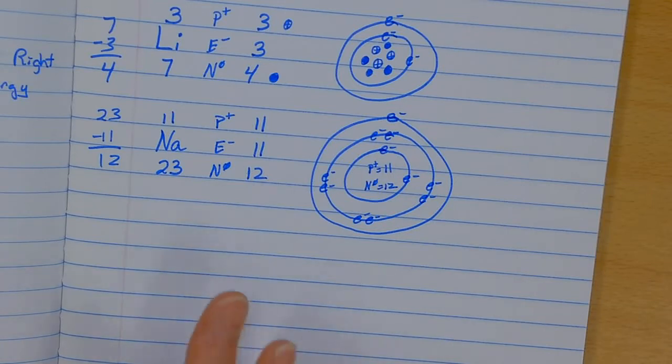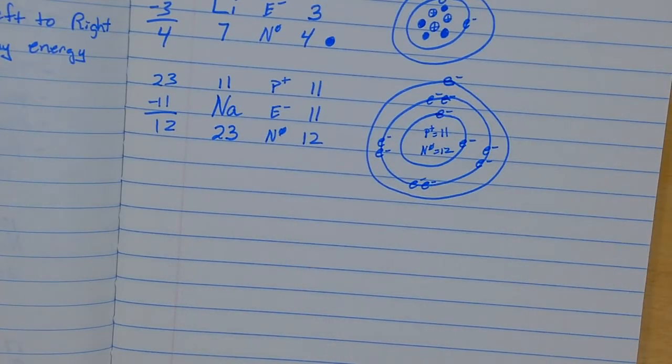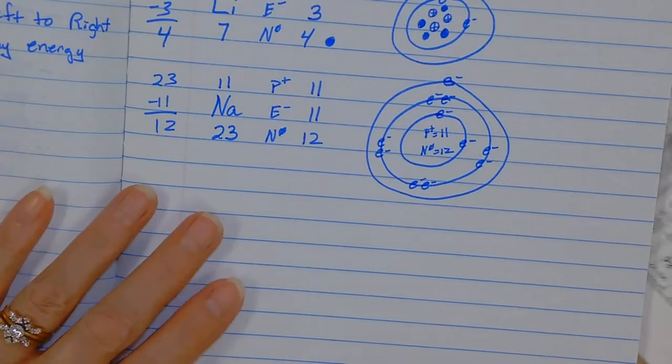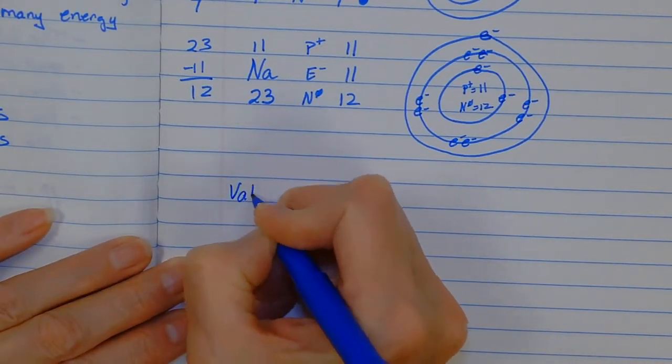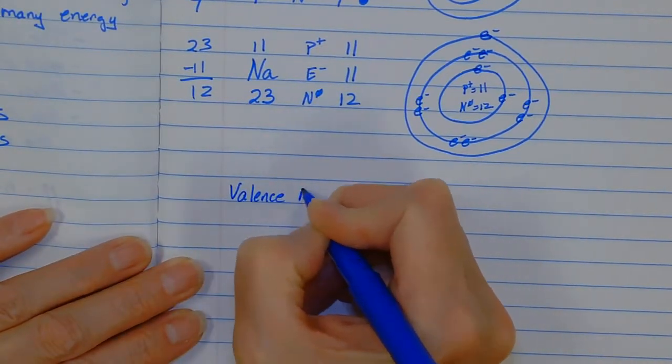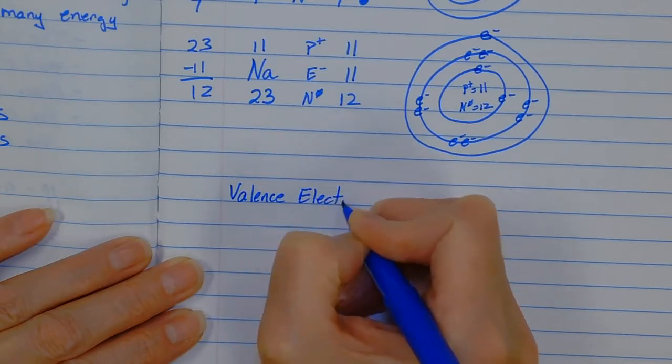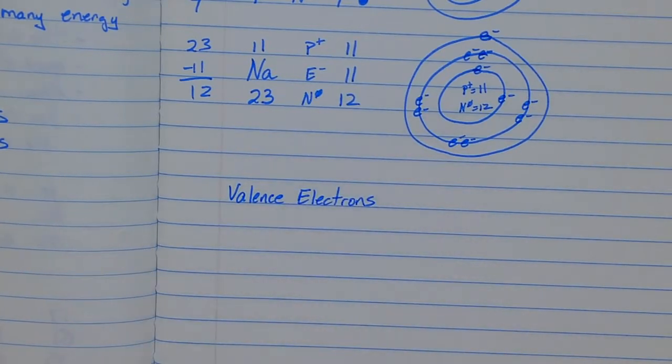Okay, so now that brings me to valence electrons. We talked about valence electrons in the notes that you took last class period. Valence electrons are the electrons that are involved in any type of chemical bonding.